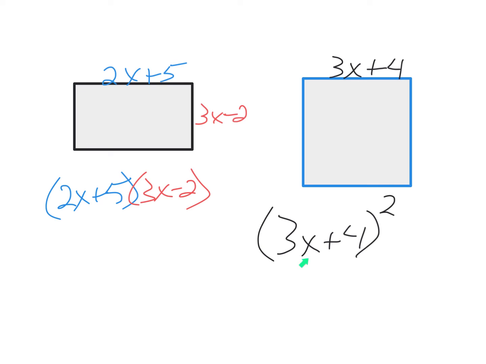Because remember, this 3x plus 4 squared just means 3x plus 4 times itself. So 3x plus 4 times 3x plus 4, which is how you find the area of a square. So if you see a problem like this, 3x plus 4 squared, you don't just square 3x and then square the 4. You actually have to write it out. Just think about writing it out: 3x plus 4 times 3x plus 4. Okay, and that's our lesson on binomials.